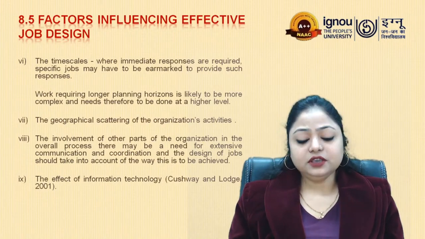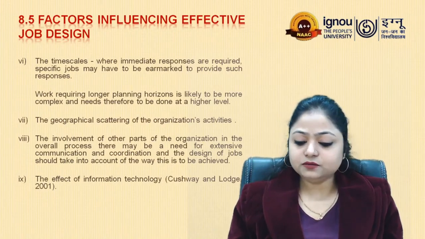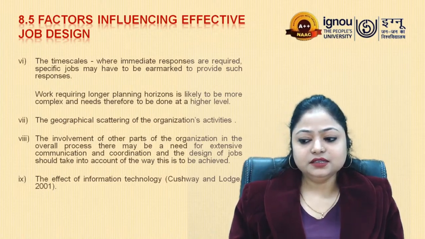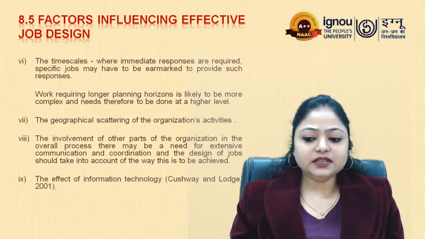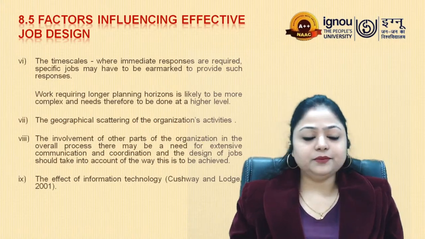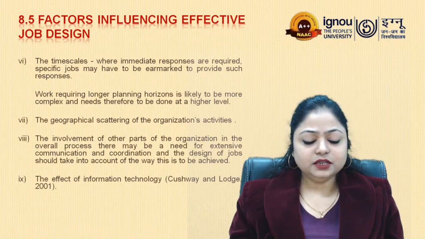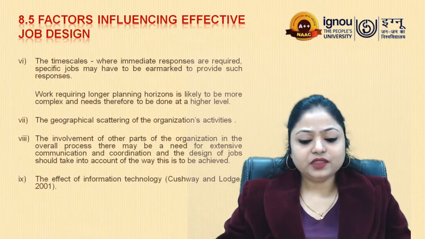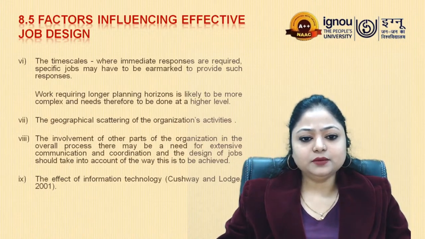If we have different branches in the same city, and one branch deals with loan sanction, and one branch deals with savings and other types of accounts, then these two can be interdependent upon each other.